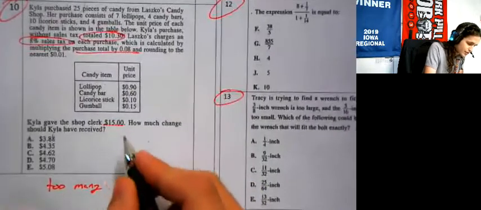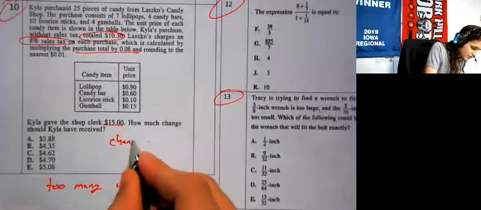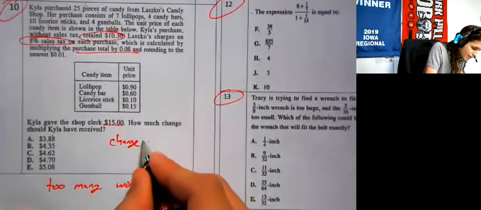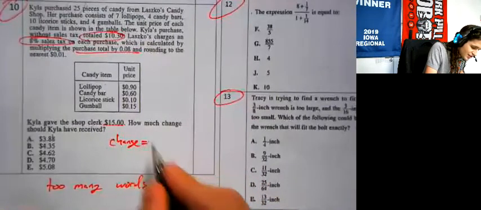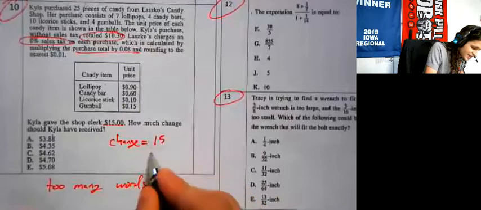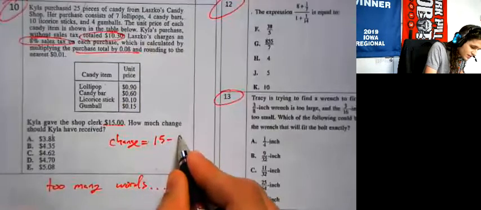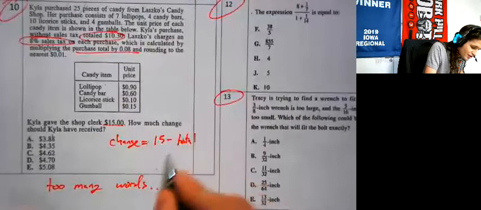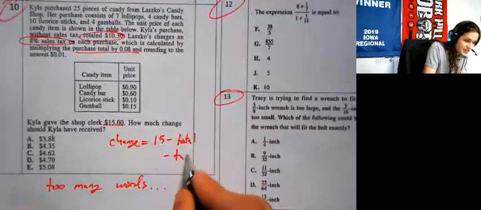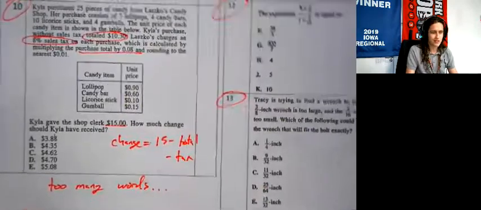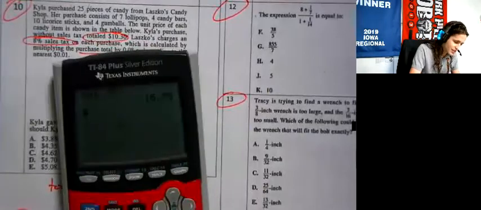Okay, so, all right, let's say change is equal to 15 minus the total, but we also have to subtract the tax. So how would you really do this? You'd say, okay, what's the tax on this thing?